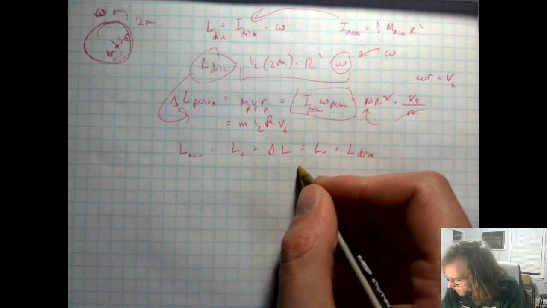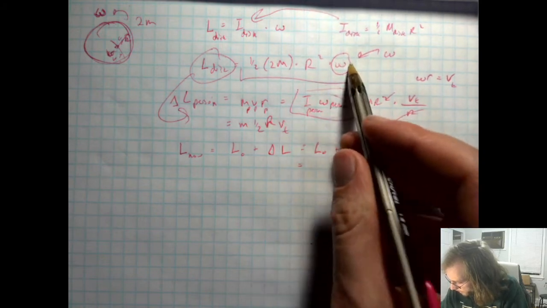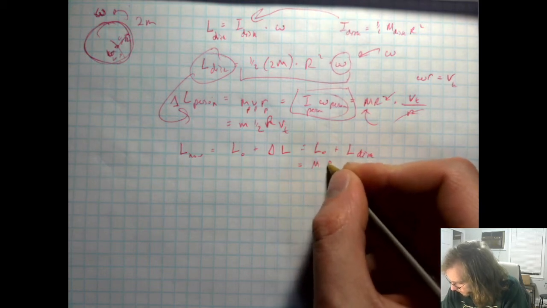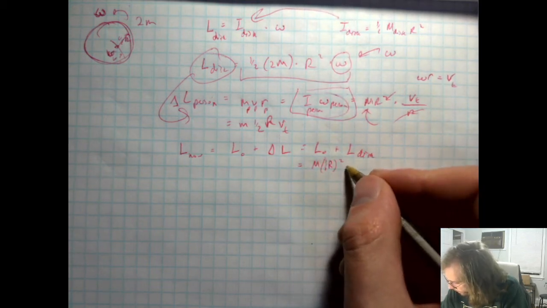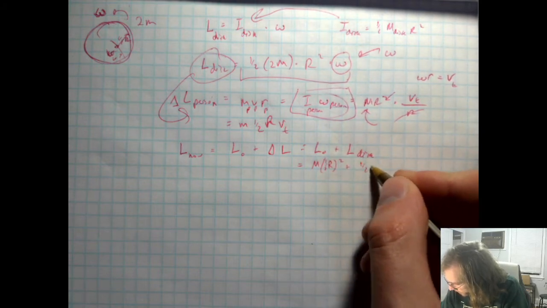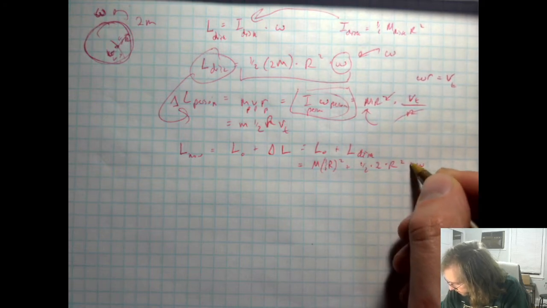The angular momentum that they had to start with is going to be I times omega. Their I is going to be m times 1/2 the radius squared, plus the angular momentum from the disk, which is 1/2 times 2 times r squared times omega.